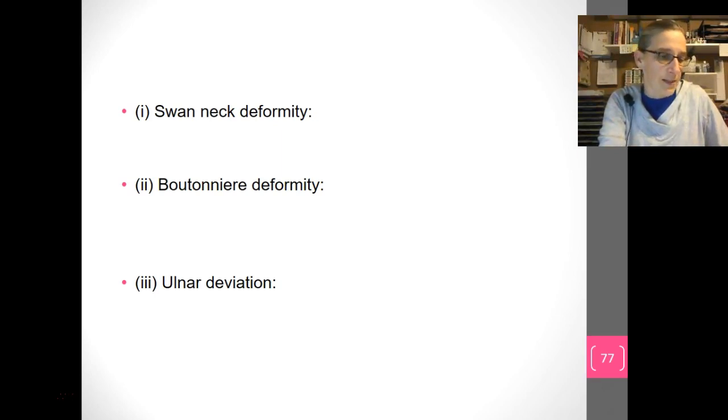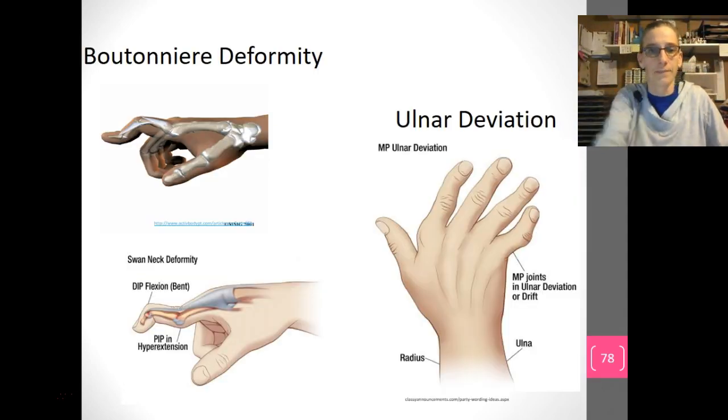Swan neck deformity. This is a hyperextension of the proximal interphalangeal joint. Let's go to the picture while we're talking. Hyperextension of the proximal interphalangeal joint with the fixed flexion of the distal interphalangeal joint.